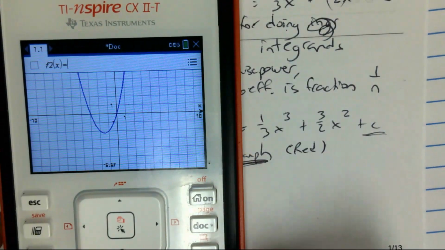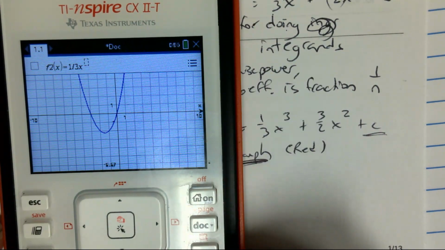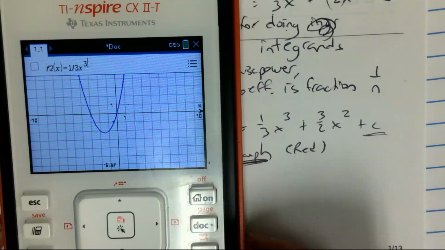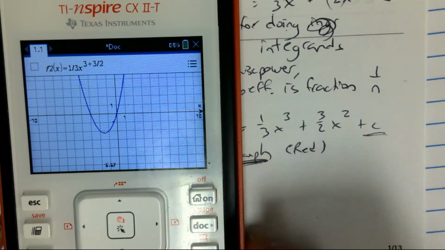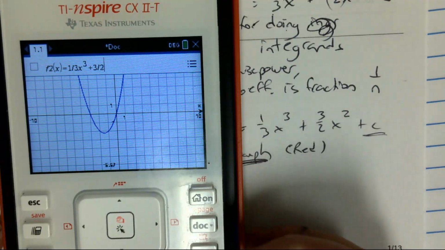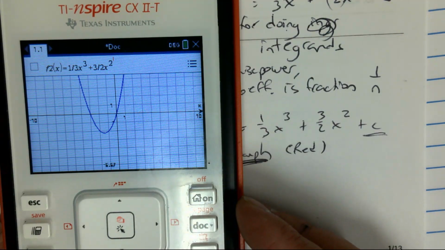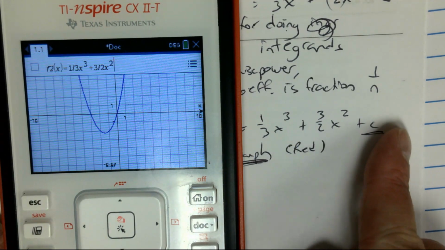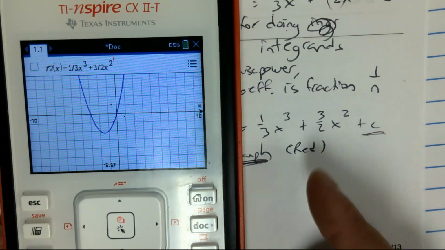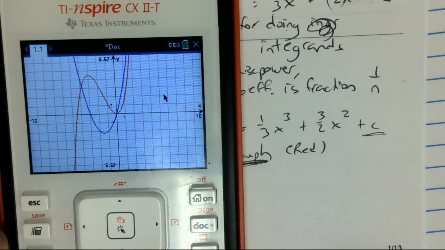So we have 1/3 x to the third plus 3/2 x squared. I'm just going to assume in this example that the constant is 0. Now, let's see what happened.